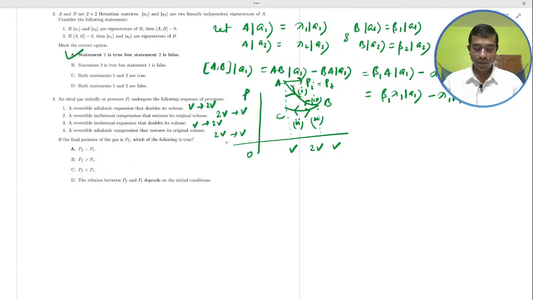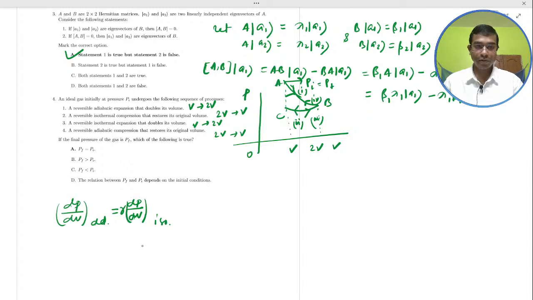Note that on the same PV diagram, dP dV for the adiabatic is equal to gamma times dP dV for the isothermal. So the adiabatic curve is steeper than the isothermal.